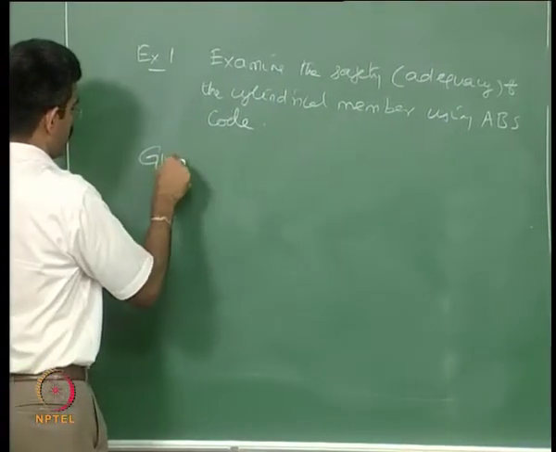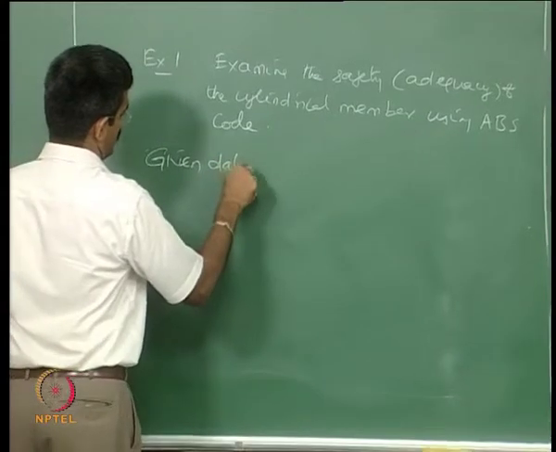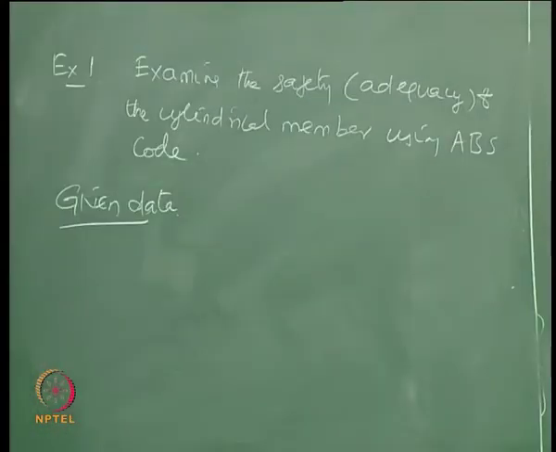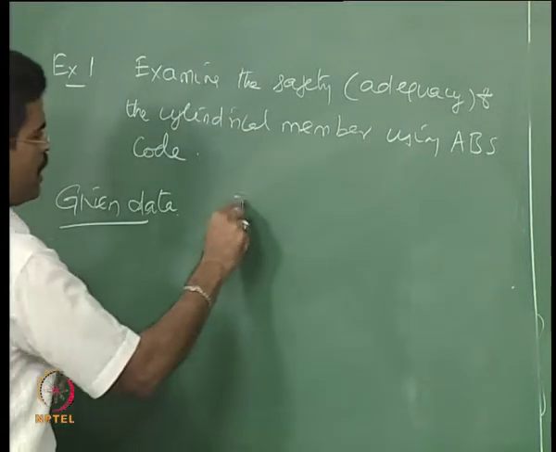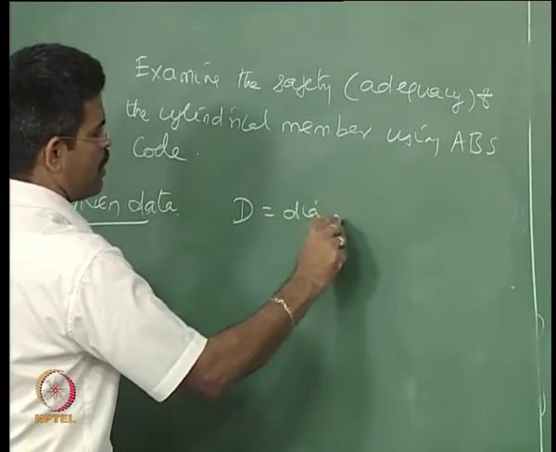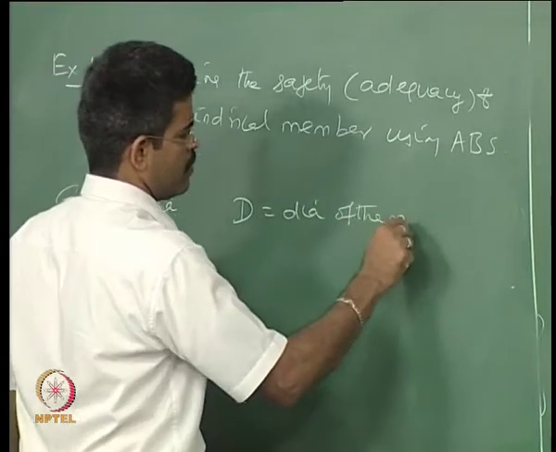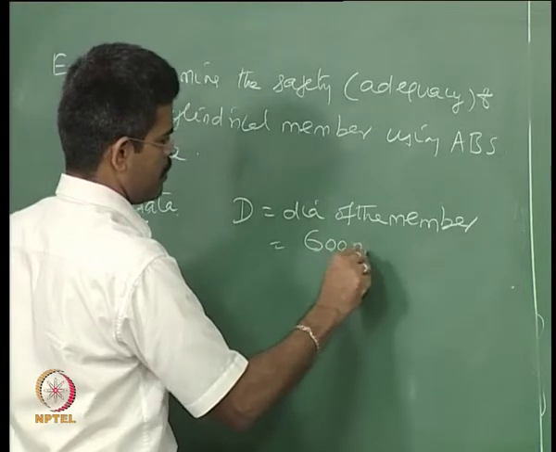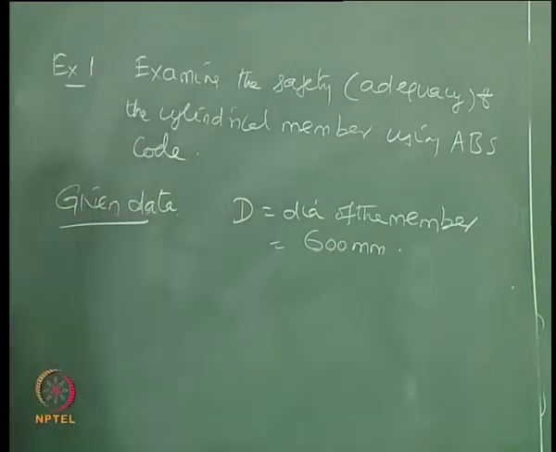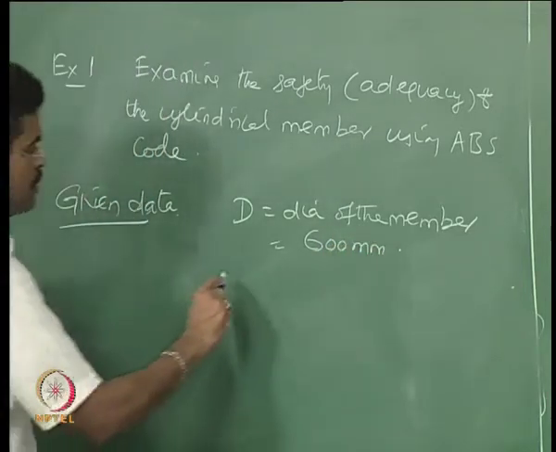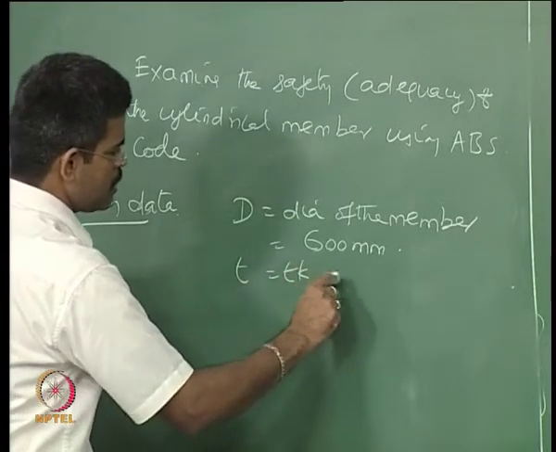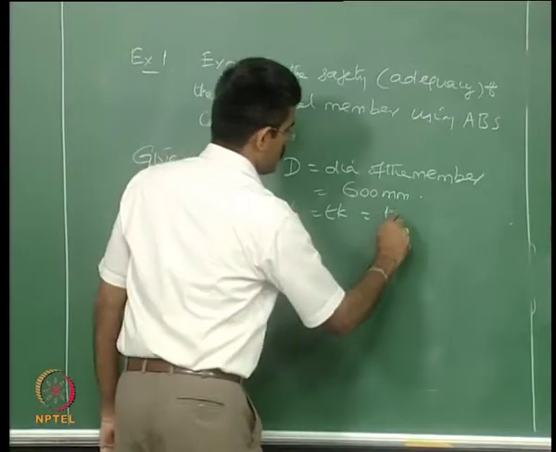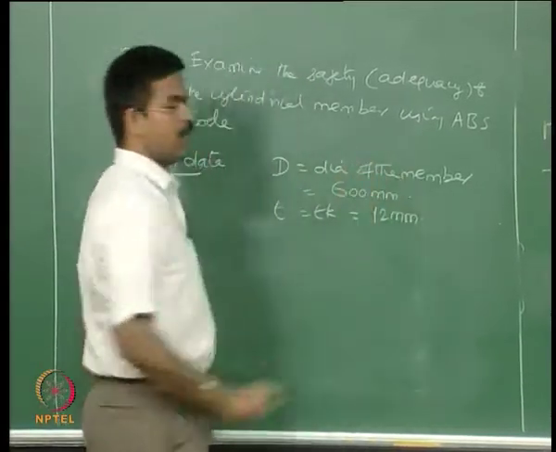Given data are the following: D, which is the diameter of the member, we say it is 600 mm. T, which is the thickness of the member, which we say 12 millimeters.